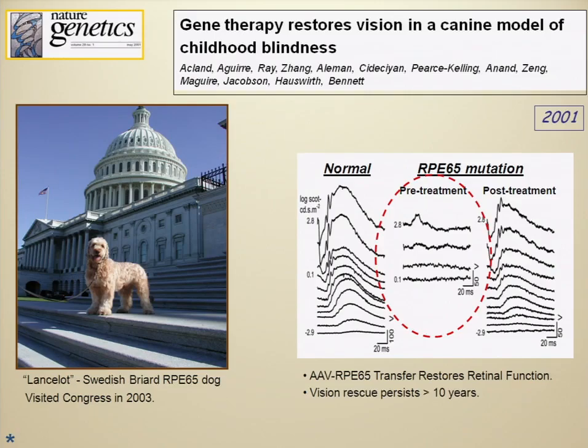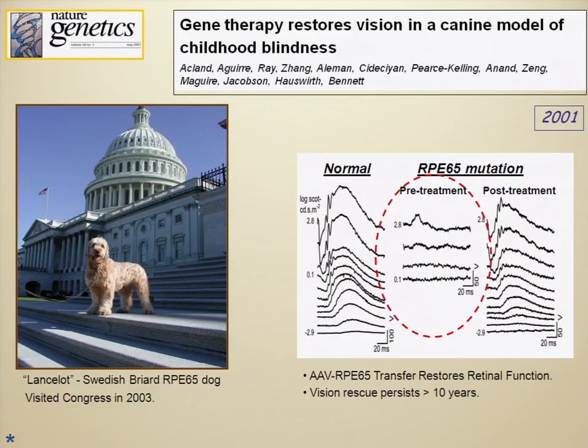A flash of light startles the neurons and gives you these waveforms. You like big, and you don't like flat, and the dog is flat. But when you put the gene in, RPE65 gene, look what comes back. And that's why the dog can play Frisbee with you. In fact, the dog tells you it's got vision, and the electrical function says it has vision.